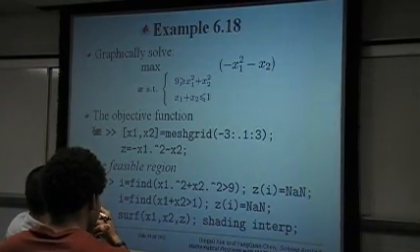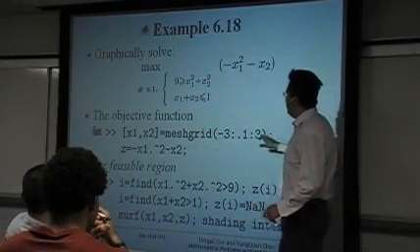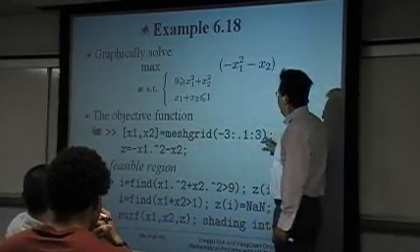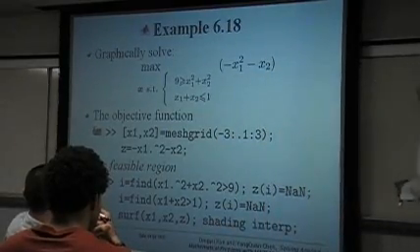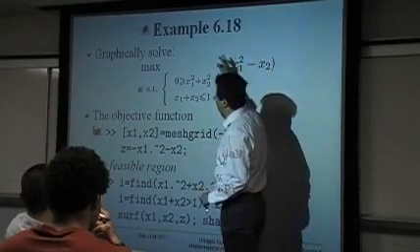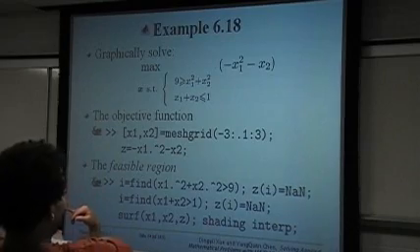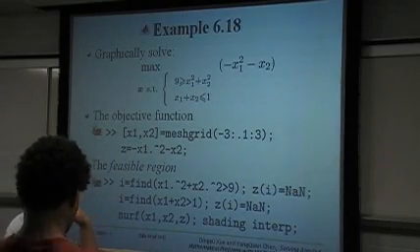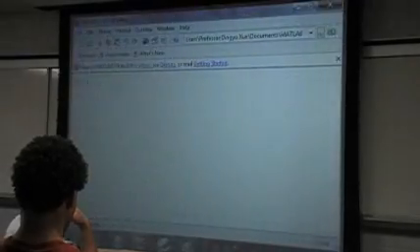This can be done using a command like this. We should use meshgrid and then calculate for each point within this area the value of the objective function, and then we can display it first. We try it first and then I will explain further.